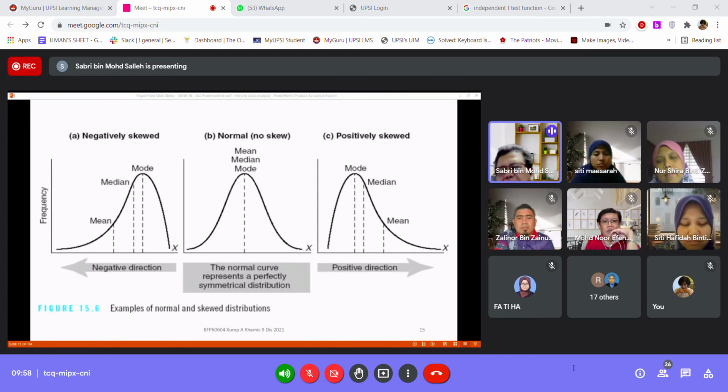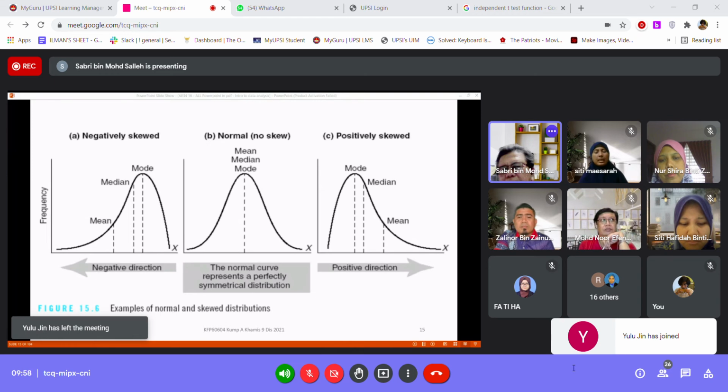A normal data, median, mode dengan mean dia at the same point. Dan perkataan paling penting, kita panggil istilah dia isometri. Maknanya, kedua-dua belah dia akan setengah-setengah. Sedangkan yang skewed ni, yang tak normal ni tak. Mode, median dan mean ni tak sama.